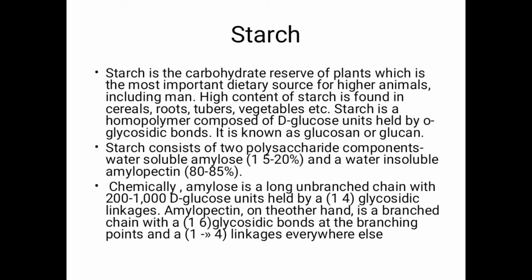Chemically, amylose is a long unbranched chain with 200 to 1000 D-glucose units joined together by 1,4-glycosidic linkage, and amylopectin, on the other hand, is a branched chain with 1,6-glycosidic bonds at the branching points as well as 1,4 linkage everywhere else.